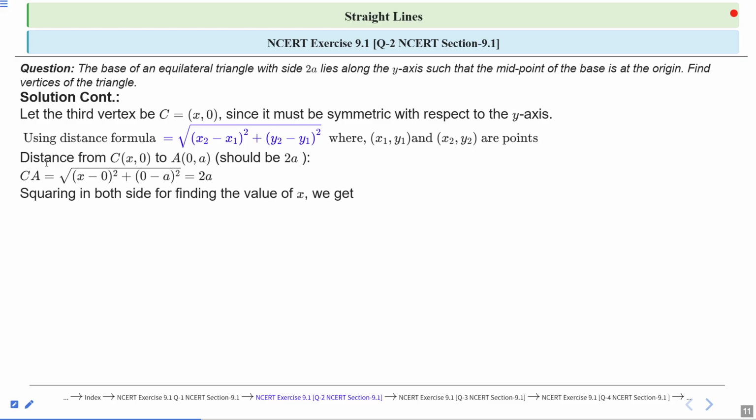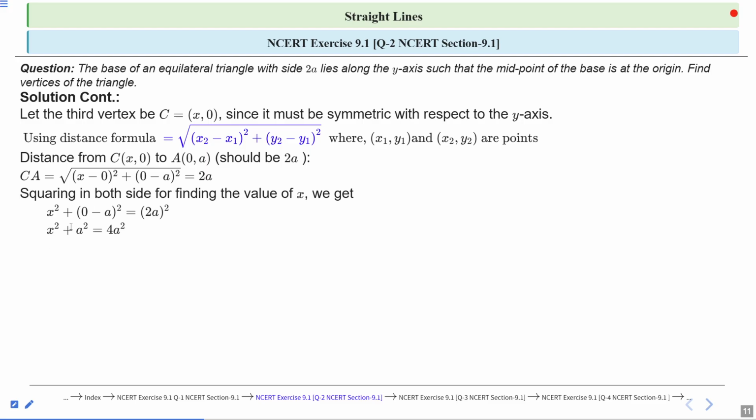Now squaring both sides of this equation, what do we get? We get x squared plus (0 minus a) whole squared equal to (2a) whole squared.